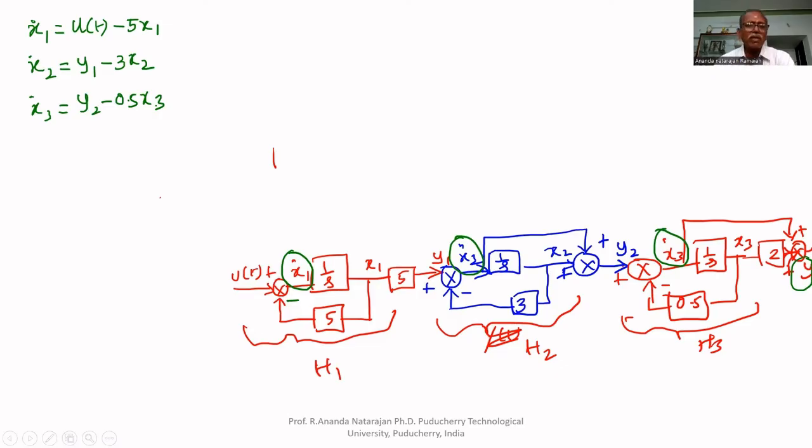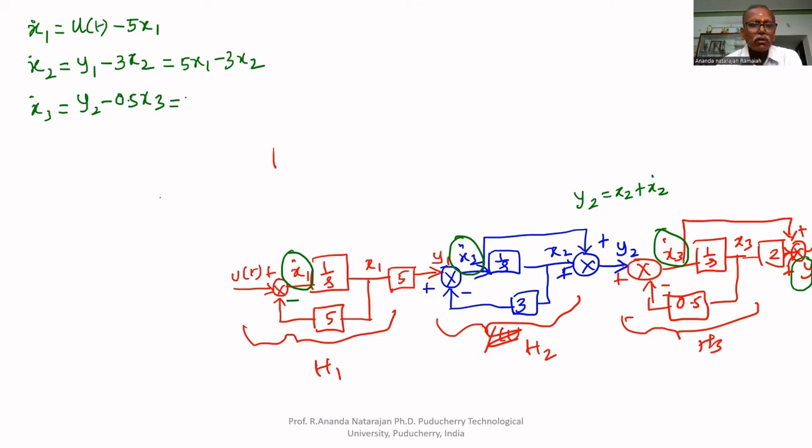But in the state equation, y1 and y2 should not be there. That's why let us write y1 equal to 5 times x1. Therefore, x2 dot equal to 5x1 minus 3x2. Also, y2 consists of two components: x2 and x2 dot. So y2 equal to x2 plus x2 dot.